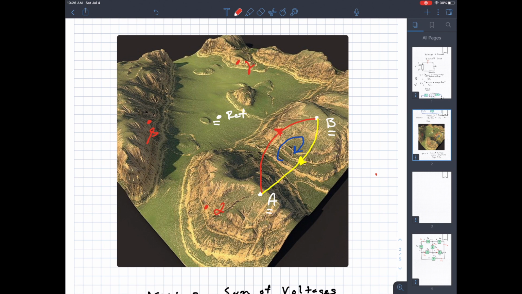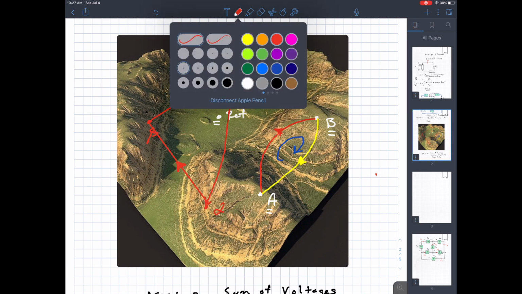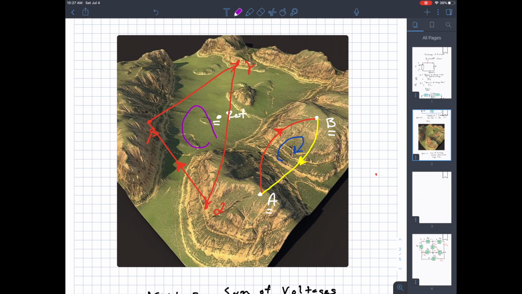If I went from alpha over to beta, I assume alpha is higher than beta, we're losing some potential energy, losing some more going down to point gamma, but then we gain it all back when we come up back to the same reference point. So when we go around this closed loop, the sum of the potential energy is 0.